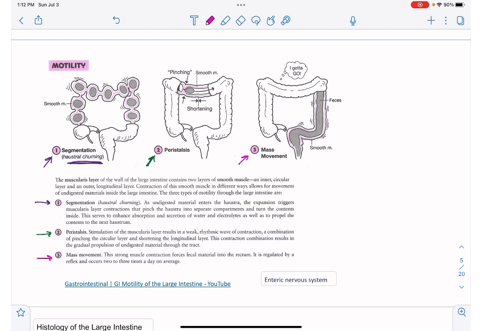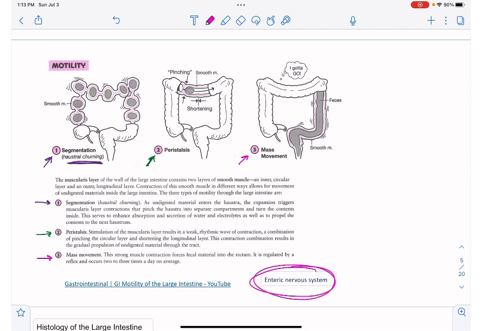And when I see all of this motility, all of this activity of the muscularis layer, I immediately think of the enteric nervous system. What does the enteric nervous system mean to you? What is the enteric nervous system? Well, the enteric nervous system is its own separate nervous system built into the wall of the GI tract, the gastrointestinal tract.